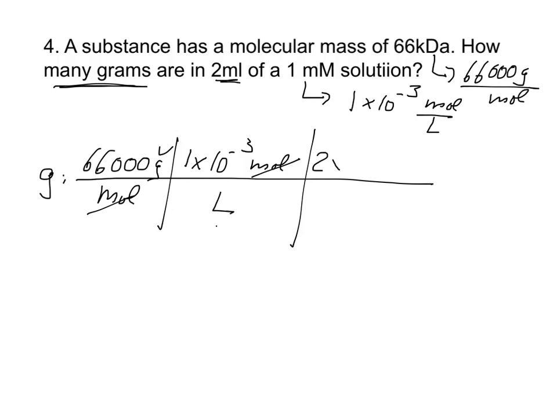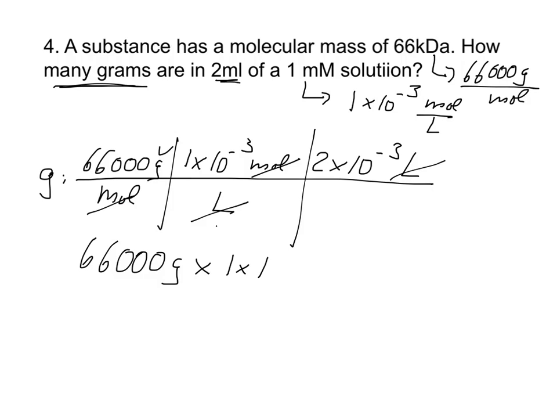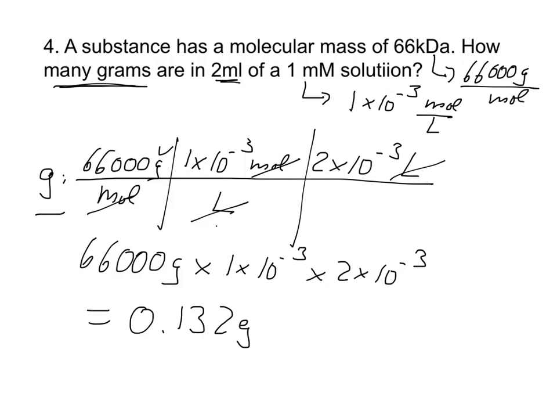So we have 2 times 10 to the minus 3 liter, and all our units cancel out, and we just have grams left. So what we have left is 66,000 gram times 1 times 10 to the minus 3 times 2 times 10 to the minus 3. And if we put this in the calculator, we get 0.132, and the unit is grams.